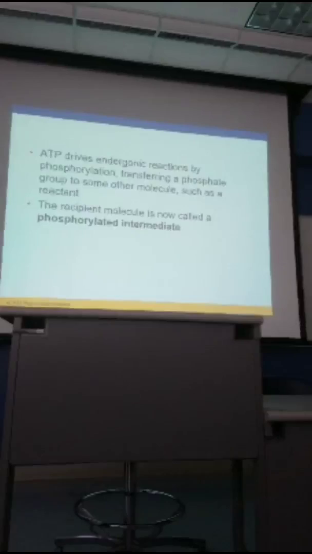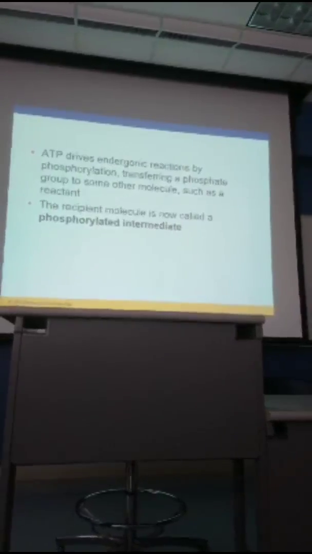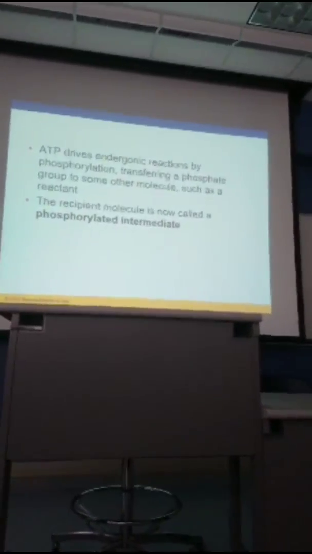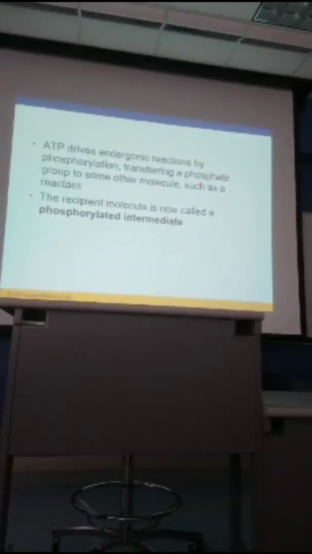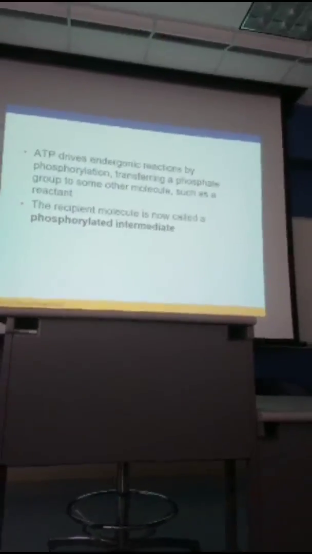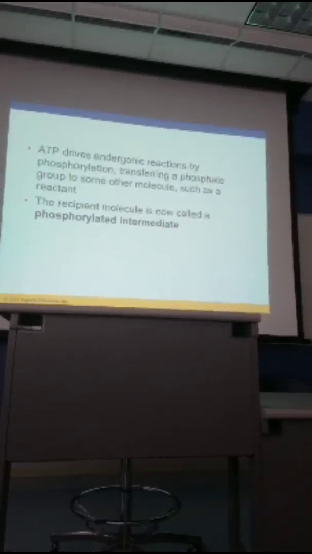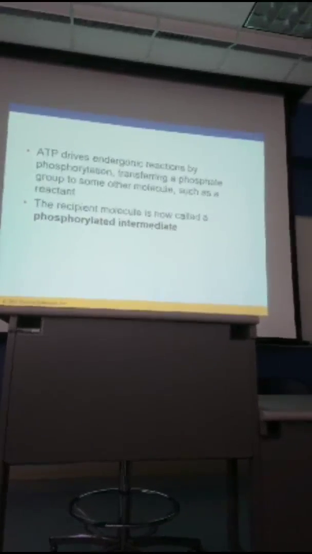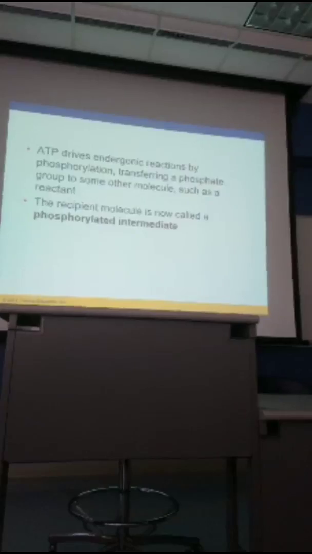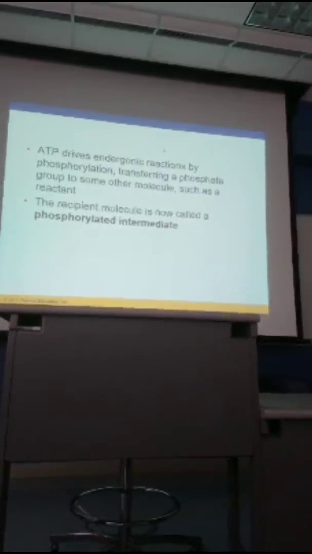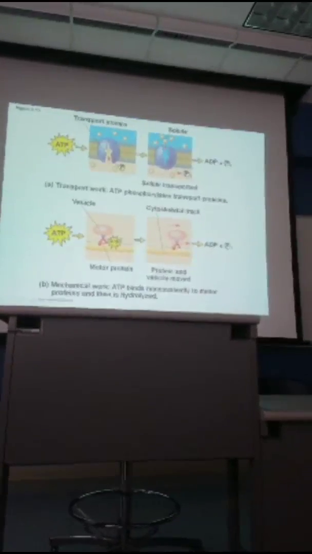The molecule that receives the phosphate is said to be phosphorylated. The recipient molecule is now called a phosphorylated intermediate. Basically, all you have to remember is that it has been phosphorylated.